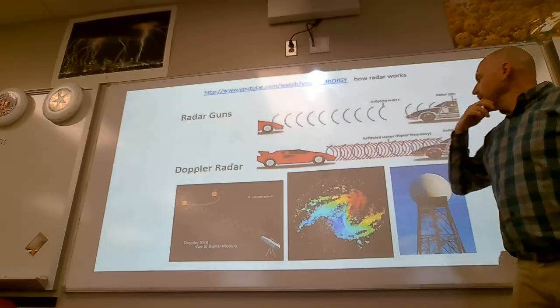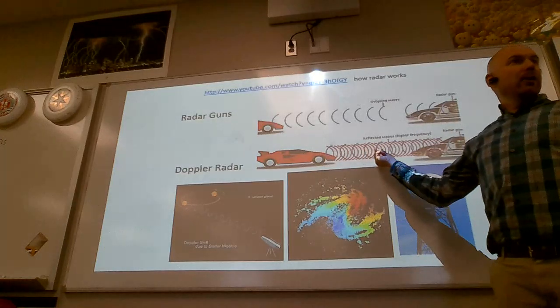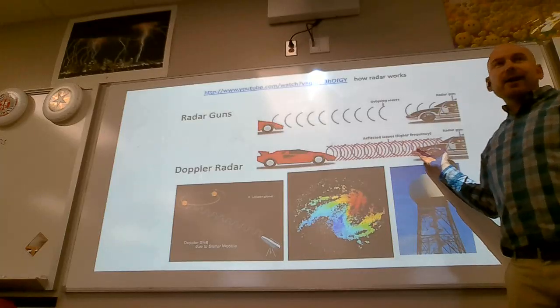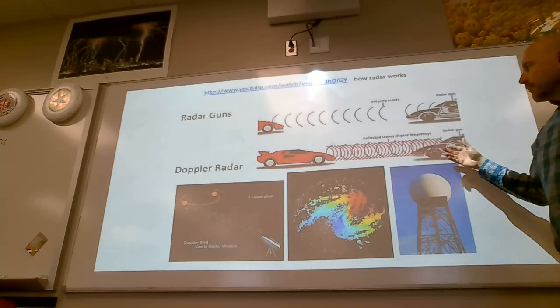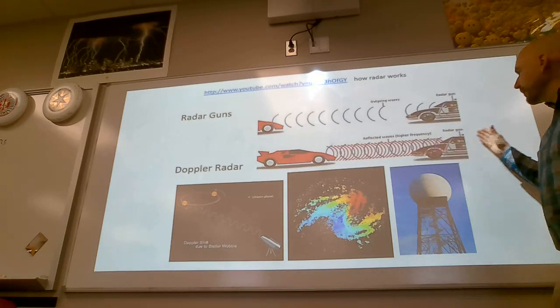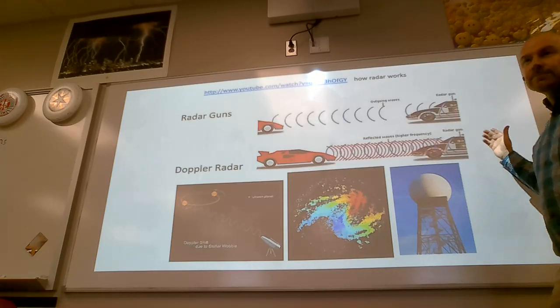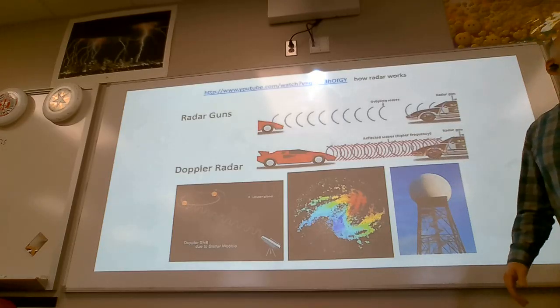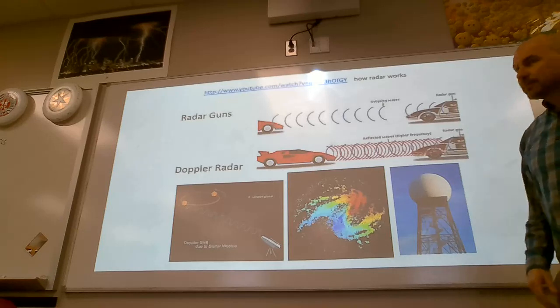The faster the car is going, the higher that frequency is going to be. And so you can calculate how fast the car is moving based upon that returning frequency. You can do the same math for a car going away from you, so it can get you coming and going.